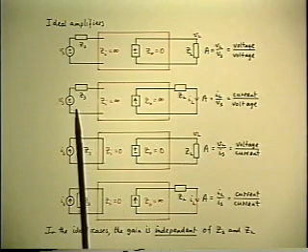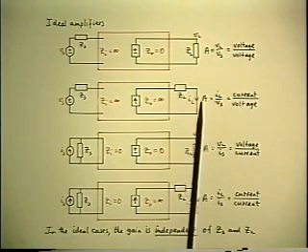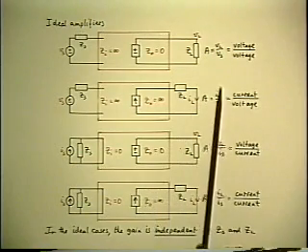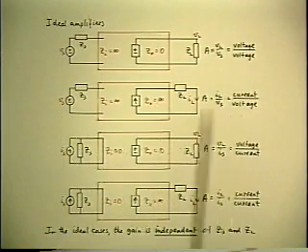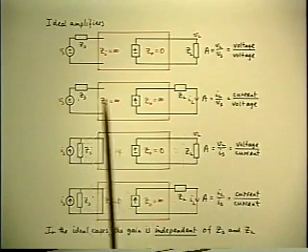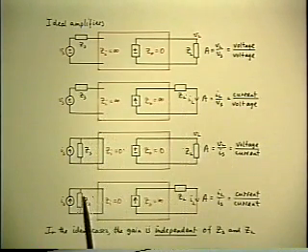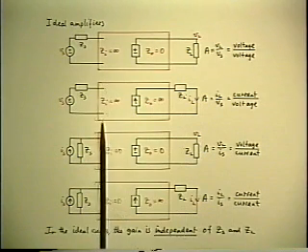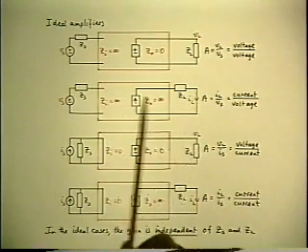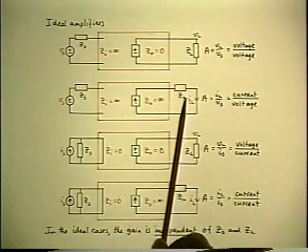And likewise for the other ones. If the output signal is defined as a current IL, then you would want the gain IL over Vs, which is a transadmittance, to be independent of Zs and Zl. And again, the input impedance would have to be infinite, but this time the output impedance would have to be infinite also, in order for the output current to be independent of load.